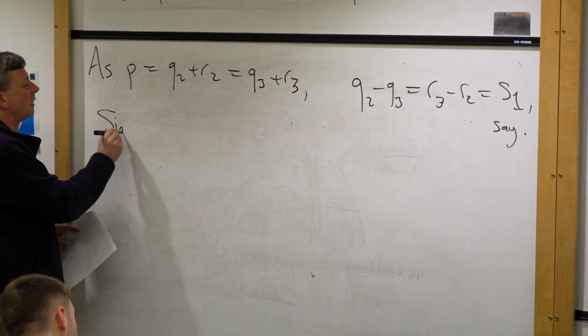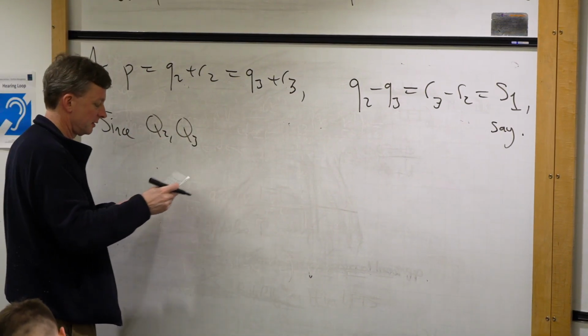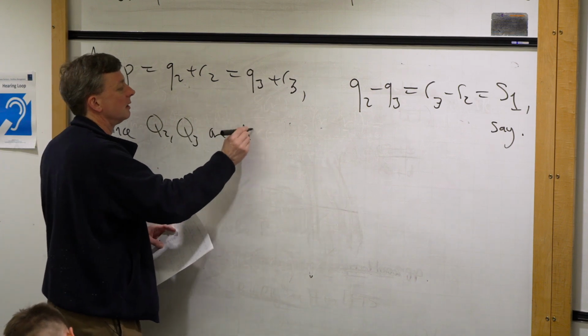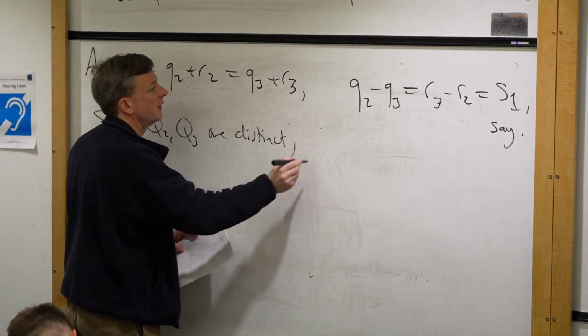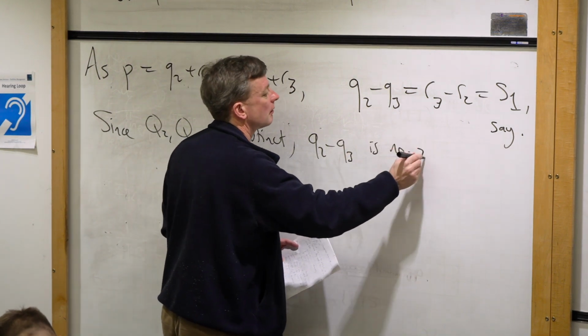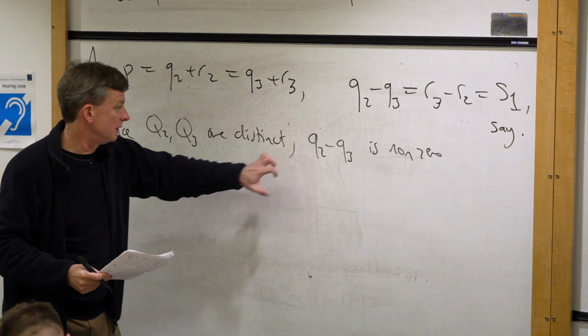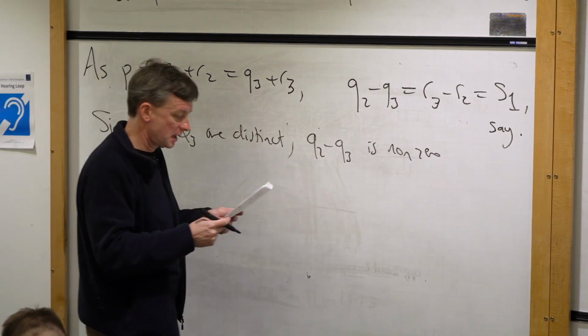Since big Q2 and big Q3 are distinct, little q2 minus q3 is non-zero, because otherwise, if it was 0, they'd have to be the same point.